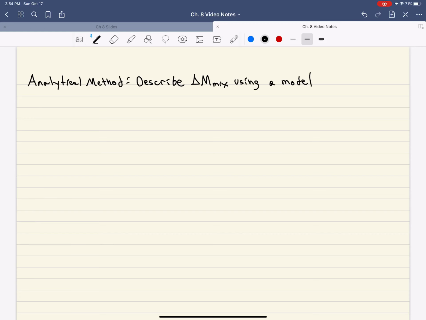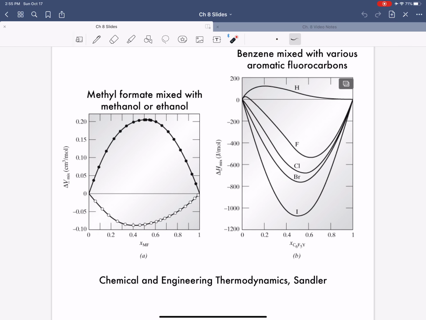All right, and so for this example, for methyl formate and ethanol, we have this sort of mixture, forms a parabolic curve like this.